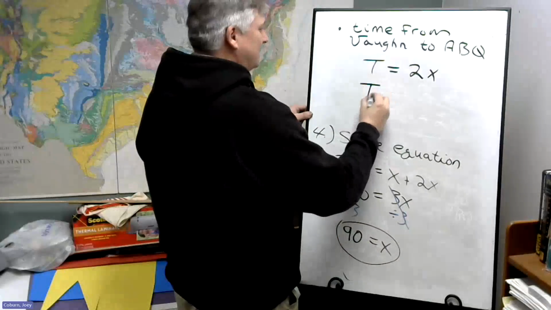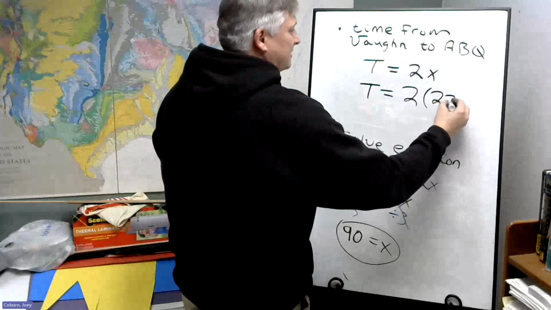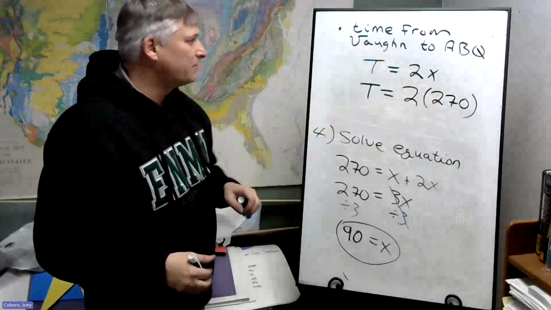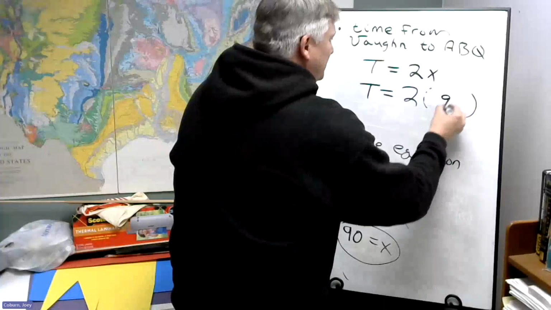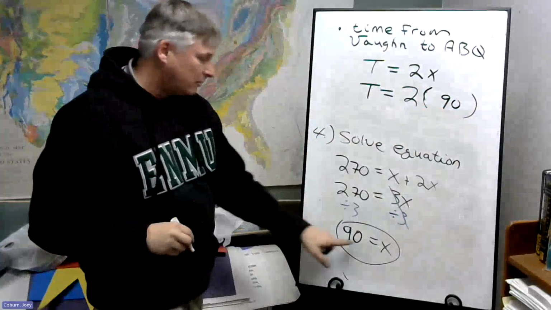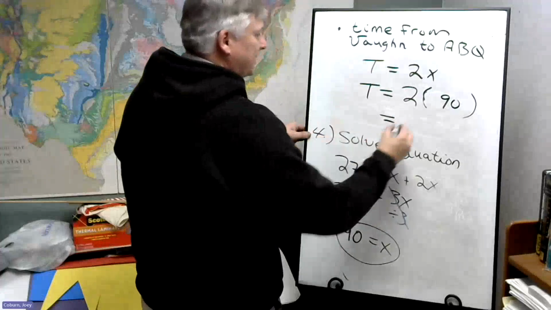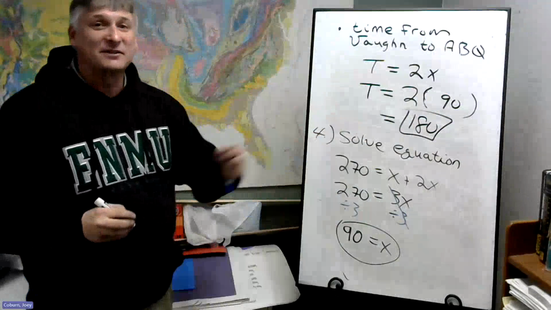So this unknown is equal to 2 times the fundamental unknown. And then again, we'll substitute for x what we discovered x to be. We found out x was 90, there we go. So 2 times 90, 180. And that's the answer we want.